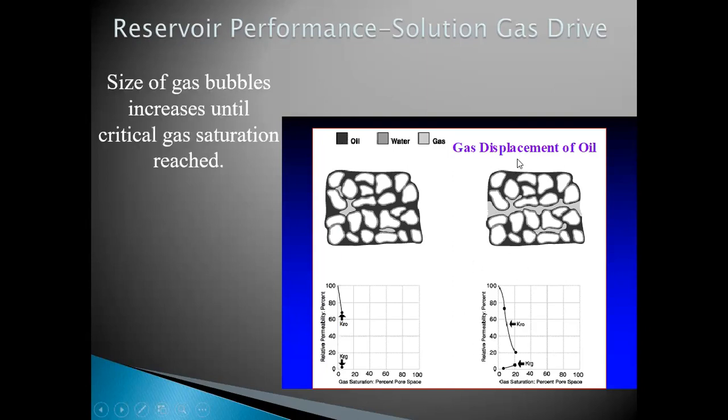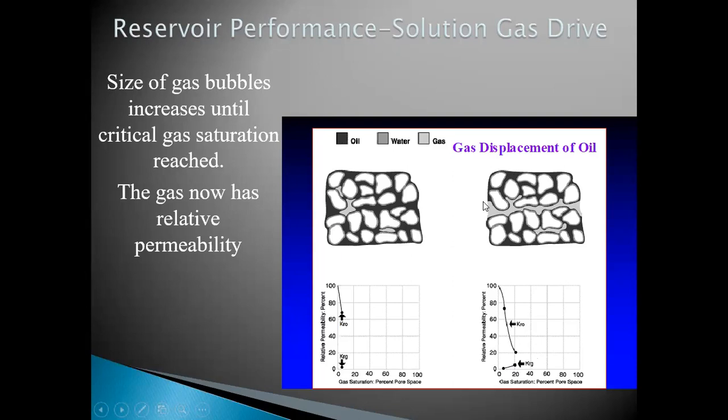Size of gas bubbles increases until critical gas saturation is reached. So there's a point reached in the gas saturation when gas has relative permeability, it can easily move. So here gas has no relative permeability, gas cannot move. But after some increase in gas saturation, the relative permeability of gas exists now, and gas can move to the surface easily.